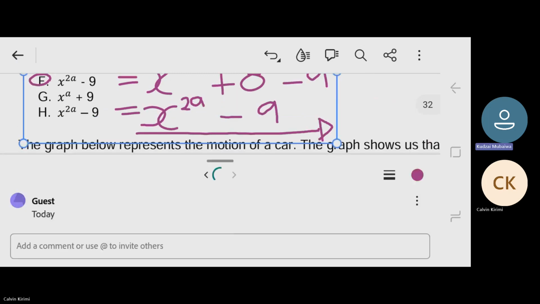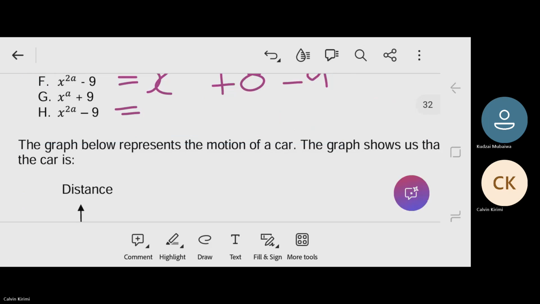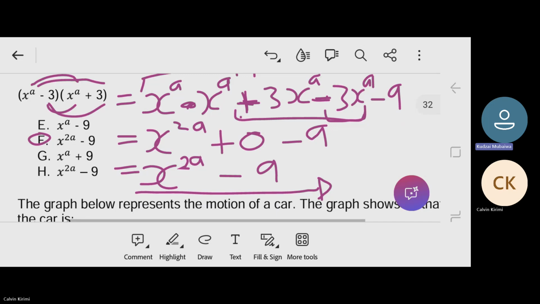The answer is x to the power of 2a minus 9. Yes, that's the answer. x to the power 2a minus 9.